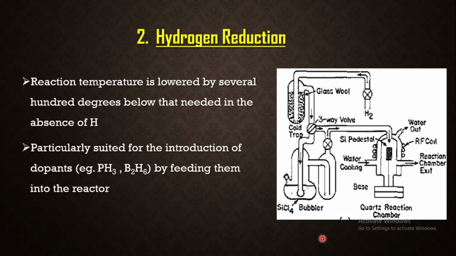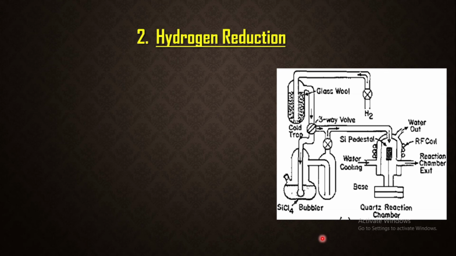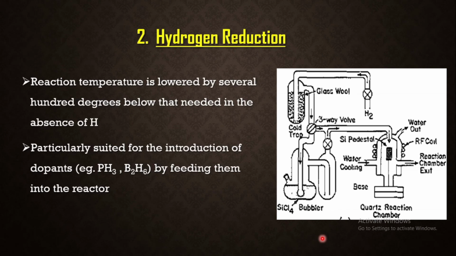And in hydrogen reduction, the pyrolysis reaction is facilitated by removal of one or more of the gaseous products of decomposition, and the reaction temperature is lowered by several hundred degrees below that needed in the absence of hydrogen, because hydrogen is highly reactive, and this is particularly suited for the introduction of dopants like PH3, B2H6 by feeding them into the reactor from a separate source. So this is about how hydrogen reduction takes place in typical CVD arrangements.